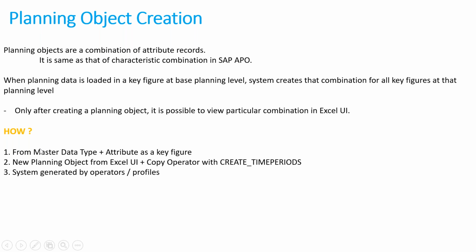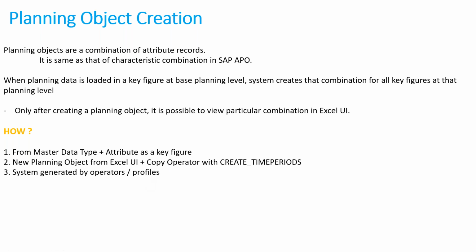Apart from that, you can make a master data attribute a key figure, and then the system would allocate planning objects automatically. Second thing is from the Excel UI or through the copy operator with the parameter called create underscore time periods, you can create a planning object. Third thing is the system generates them by operators and profiles.